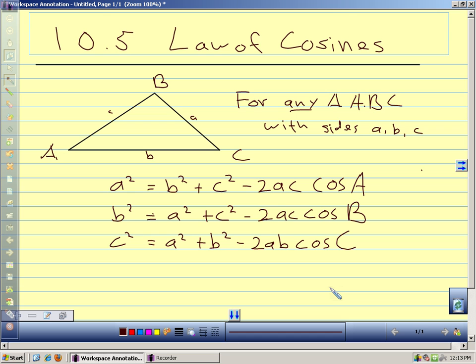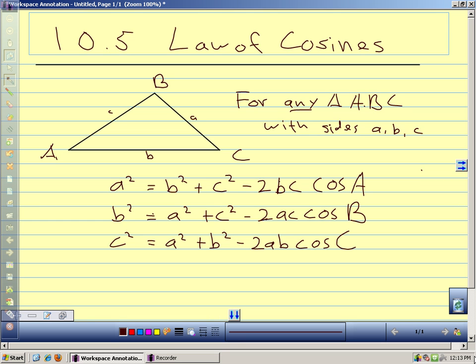Oh, I'm sorry, this should be 2bc. Thank you. So these are the equations for law of cosines.